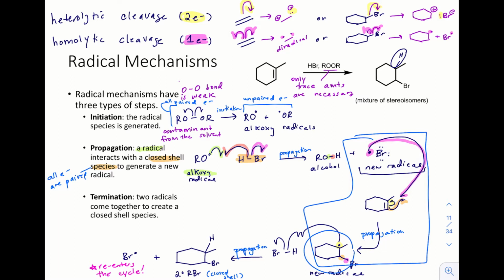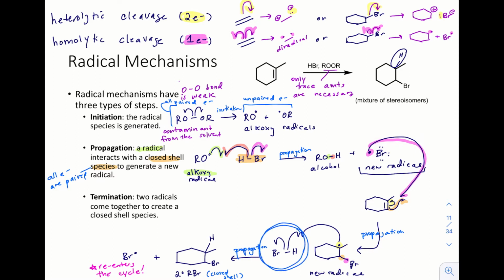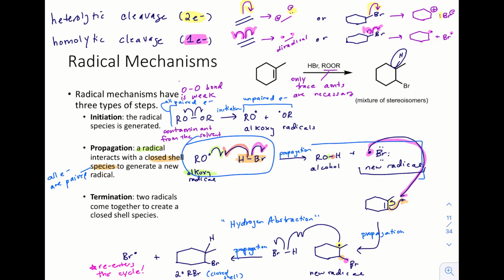That new radical reacted with yet another closed shell species, non-radical, and another hydrogen abstraction, just a type of propagation step, to generate a closed shell species and a new radical. So be sure you see the pattern. Initiation, no radical makes radicals. Propagation, one radical and a non-radical makes a new non-radical and a new radical. Wow, say that 5 times fast.